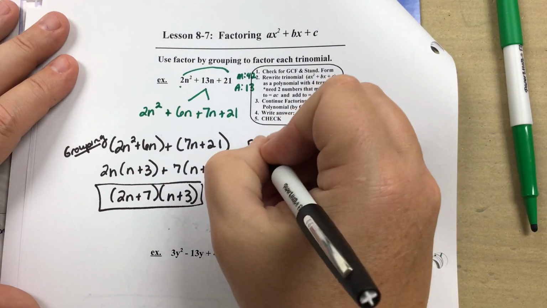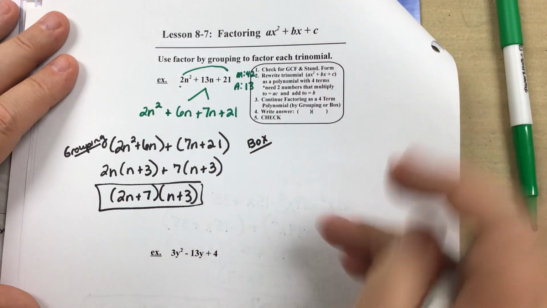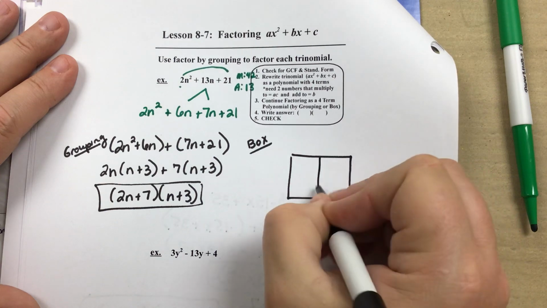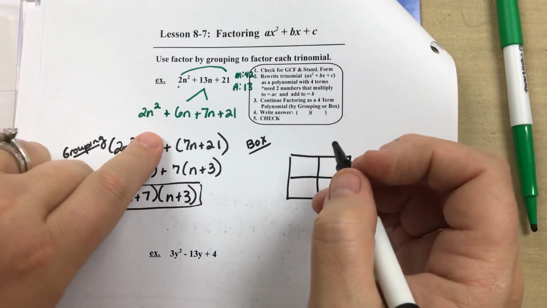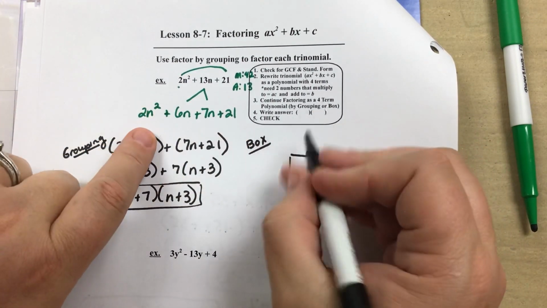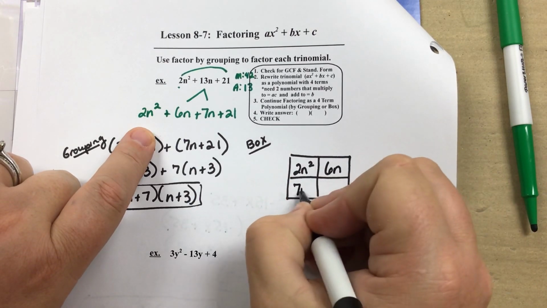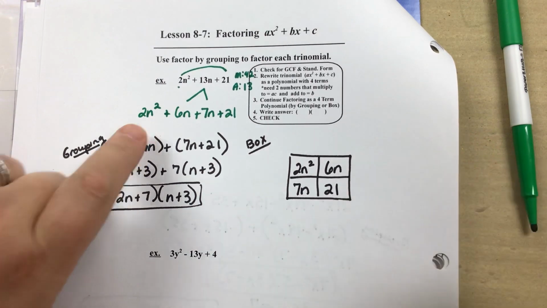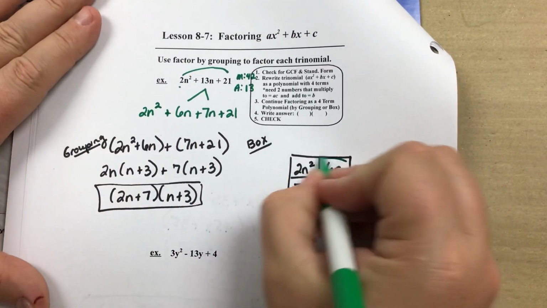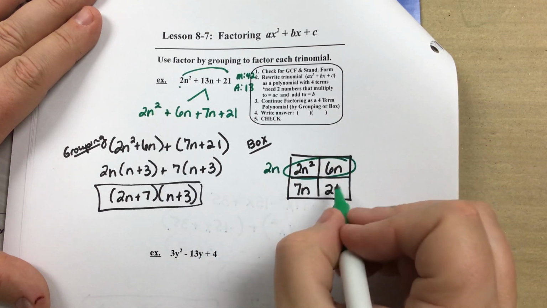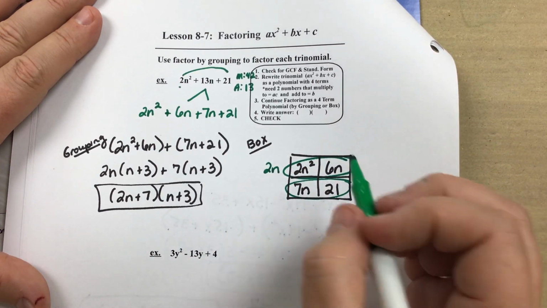Okay, remember, if you don't like grouping and you prefer the box method, you are going to draw the box. Then I'm going to put each of my 4 terms in the box. So we have 2n squared, 6n, 7n, and 21. If I look at the first row, what can I factor out? A 2n. If I look at the second row, what can I factor out?